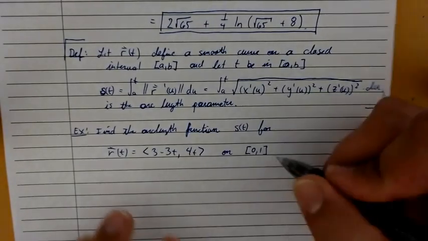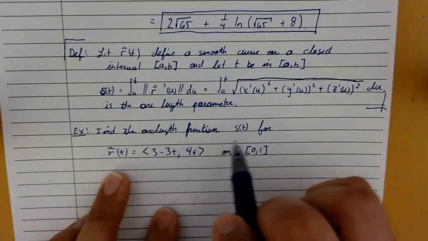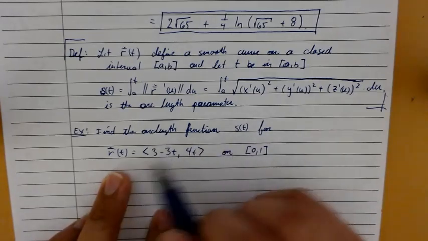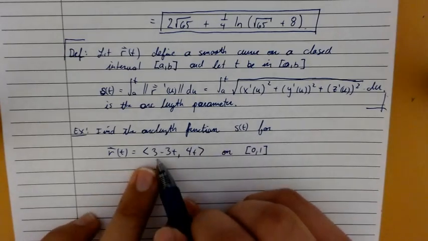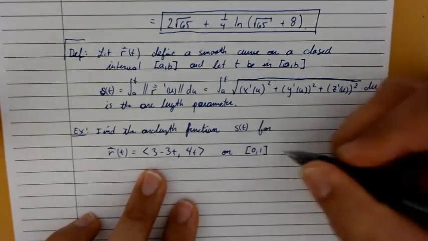Oh, and I guess that's not the end of the question. So find the arc length function s of t for r of t equals 3 minus 3t, comma 4t on the interval from 0 to 1.